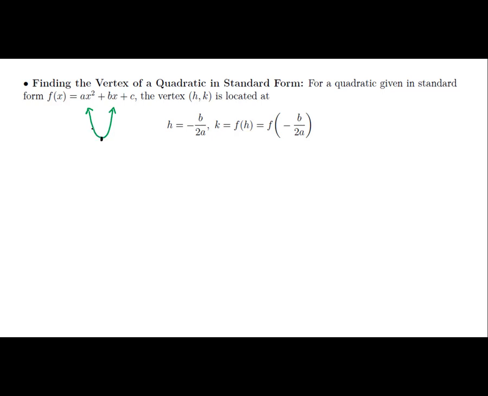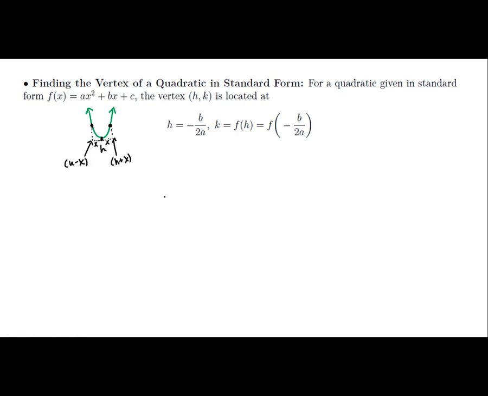The idea is if I go a certain distance this way, and I go that same exact distance the other way, then the y value should be the same, right? And so if this is h, then I might consider, if this little distance here is x in both directions, then this x value would be h minus x, and this x value here would be h plus x.